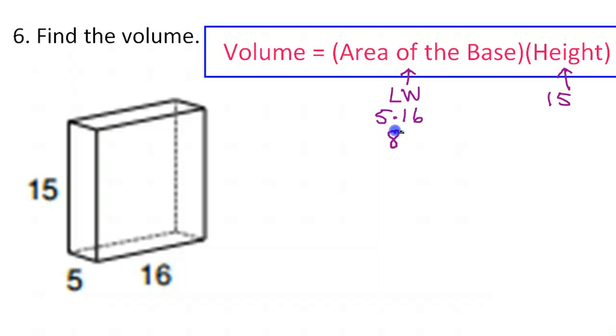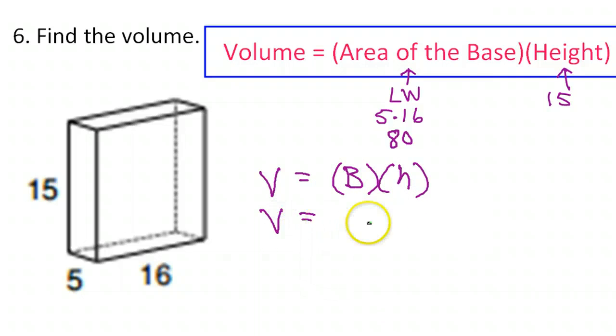So that is 80. So when we say that the volume is the area of the base times the height, for this particular problem, that is 80 times 15. Let's go ahead and see what that is.